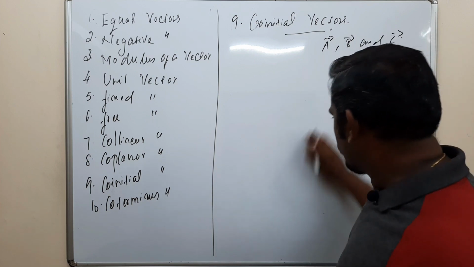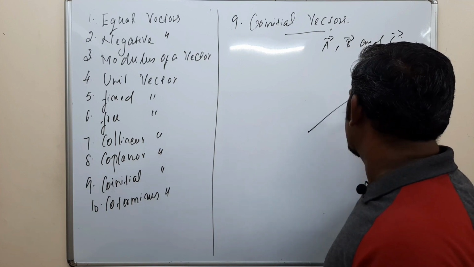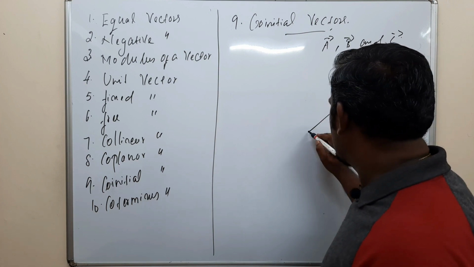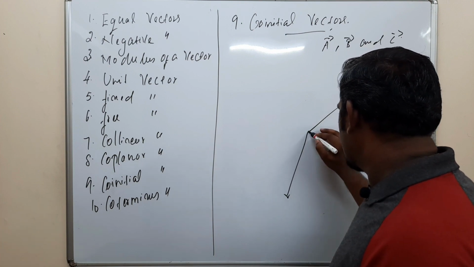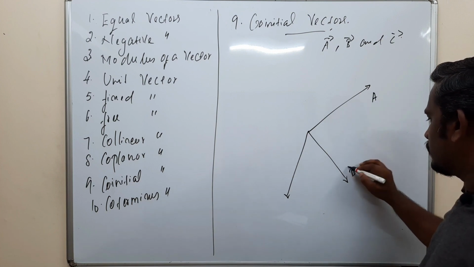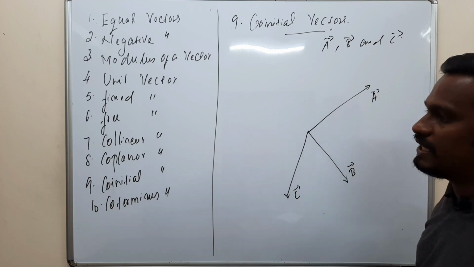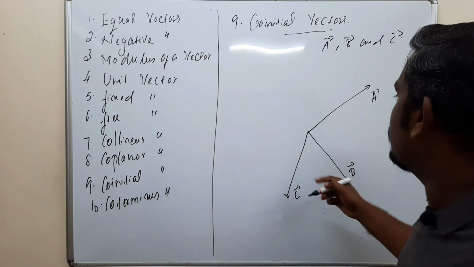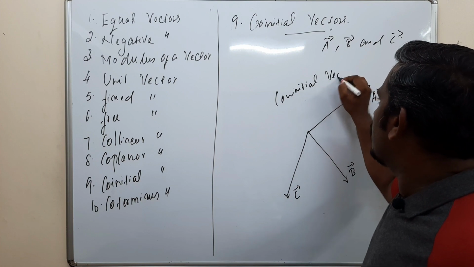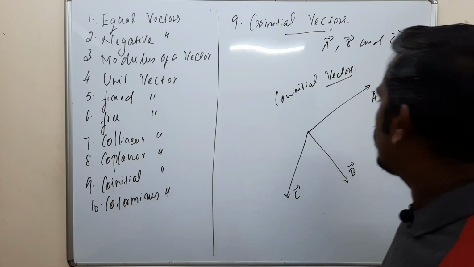If these three vectors are acting from the same point, we can say that these three vectors are co-initial vectors. Okay, co-initial vectors.